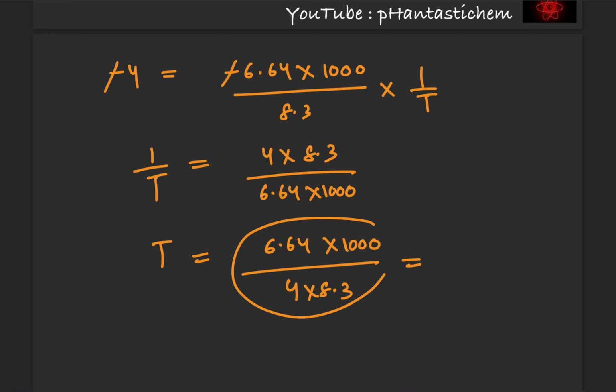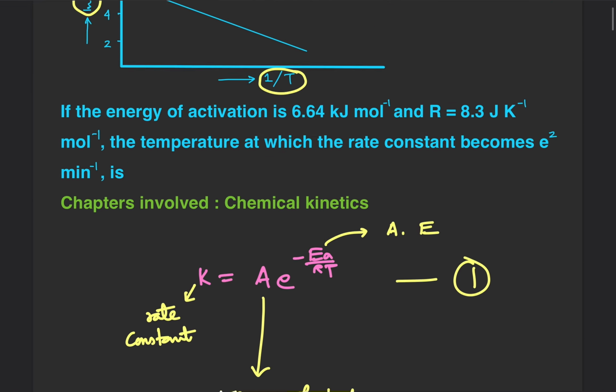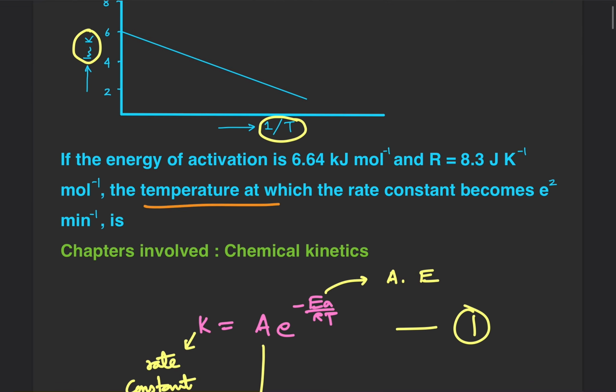When you do this calculation, you will get T as 200 Kelvin. Therefore, the temperature at which the rate constant becomes e square per minute is 200 Kelvin. Okay, thank you.